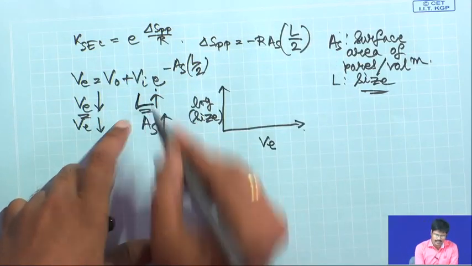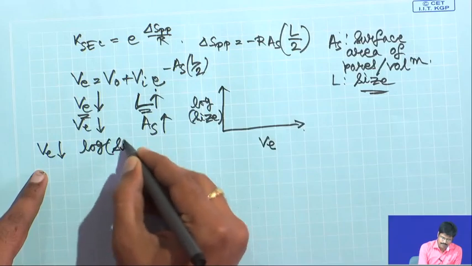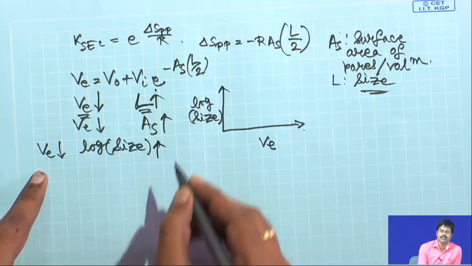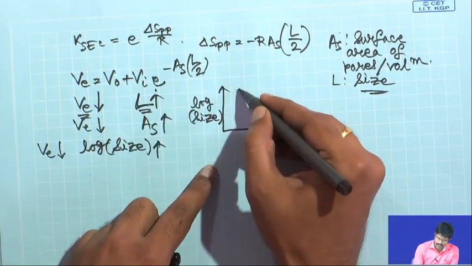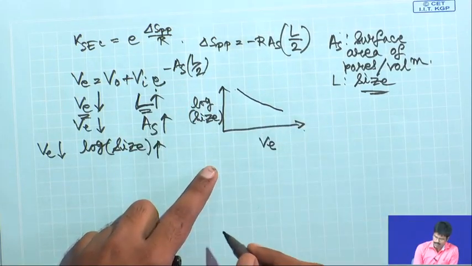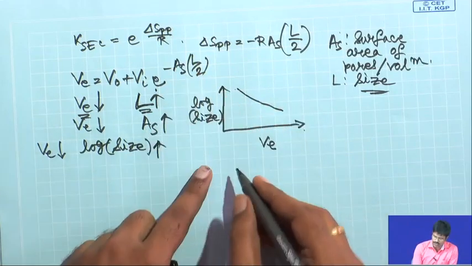So, you can say V_e goes down as log size goes up. So, log size versus V_e, you have this kind of plot, in which V_e goes down as log size goes up.